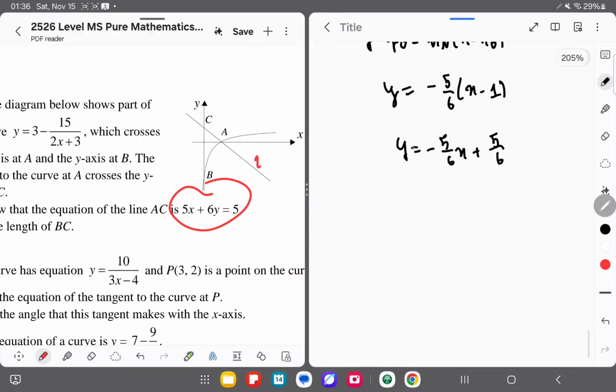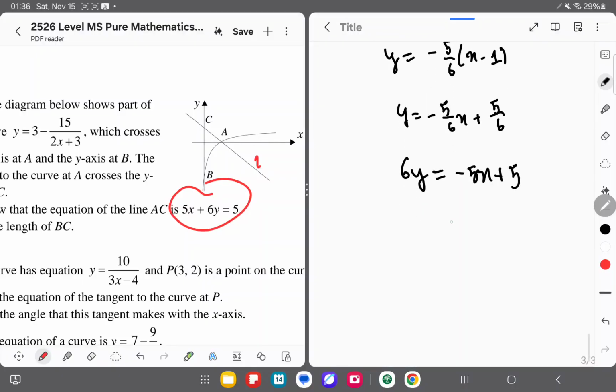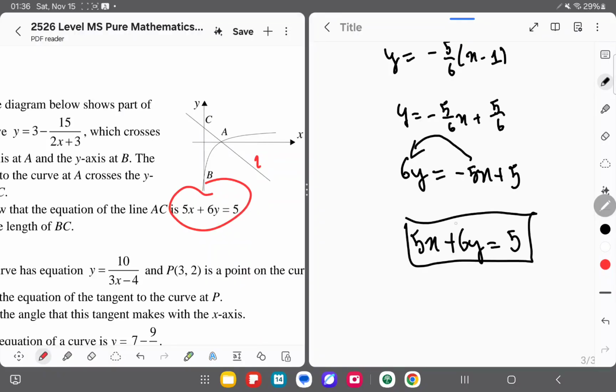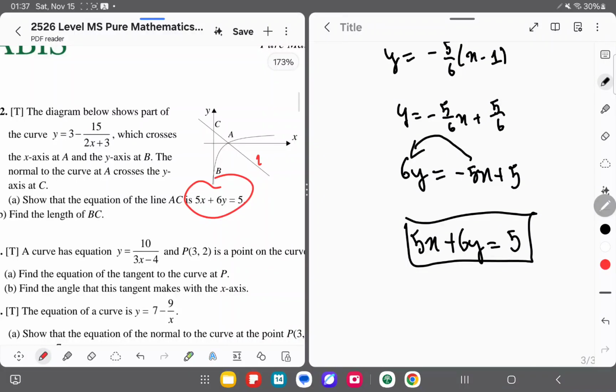We'll multiply all sides by 6, so you get 6y equals minus 5x plus 5. Then I rearranged it so that I move this side over there: 5x plus 6y is equal to 5. That's the formula of the normal at x equals the x coordinate of A.